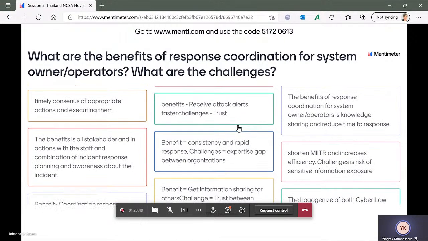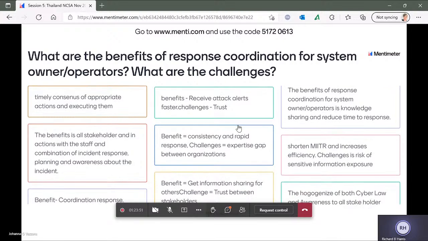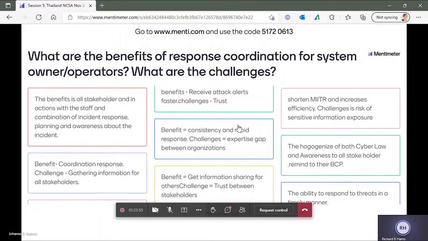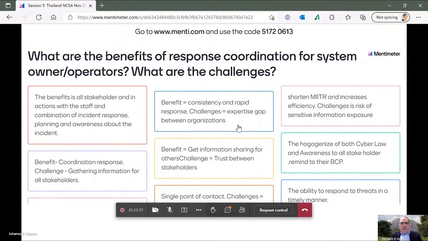Yeah, that's excellent. This idea of a single point of contact is a good idea and very closely related.